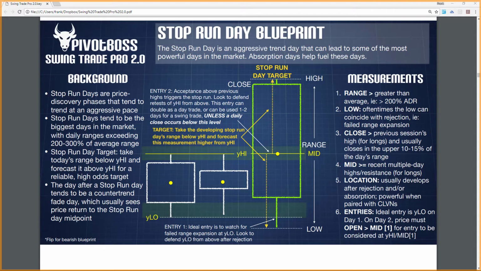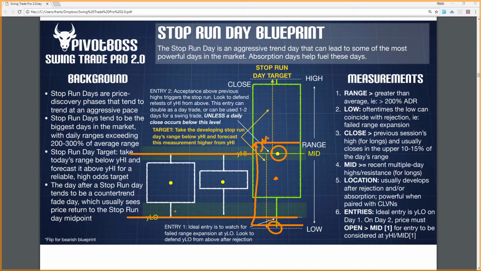Now, for the stop run day, in order to find a target for the day, you want to identify the midpoint of that day, or the forecast of where the midpoint will be by the end of the day. So, for example, if this is a major low that occurs and it takes out these lows and turns around and starts to push through the prior highs, at this point the day's range is only this big, so the midpoint is somewhere here.